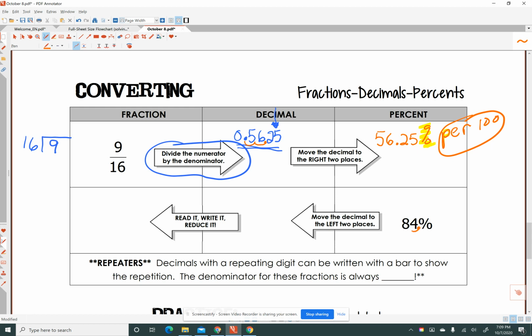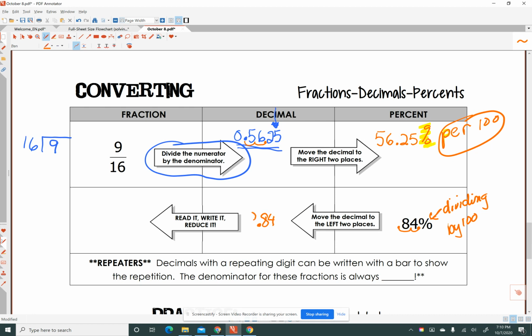If we move that decimal place 2 times to the left, what we're actually doing is dividing by 100. And then our number looks like this. And that is how we write 84 hundredths.